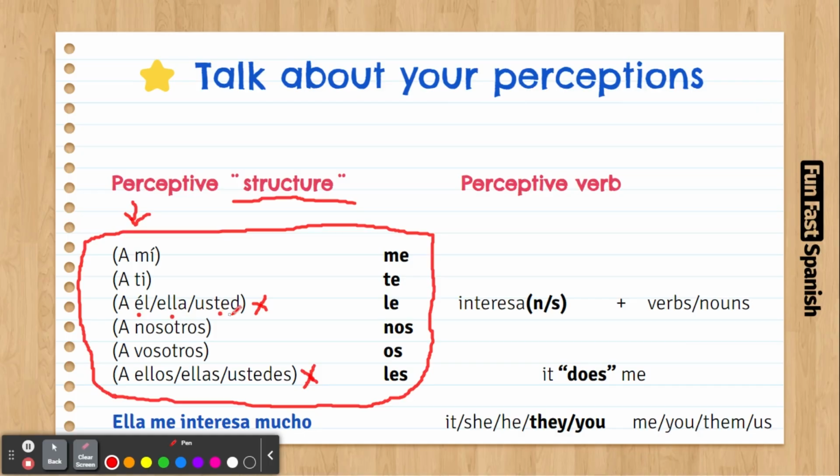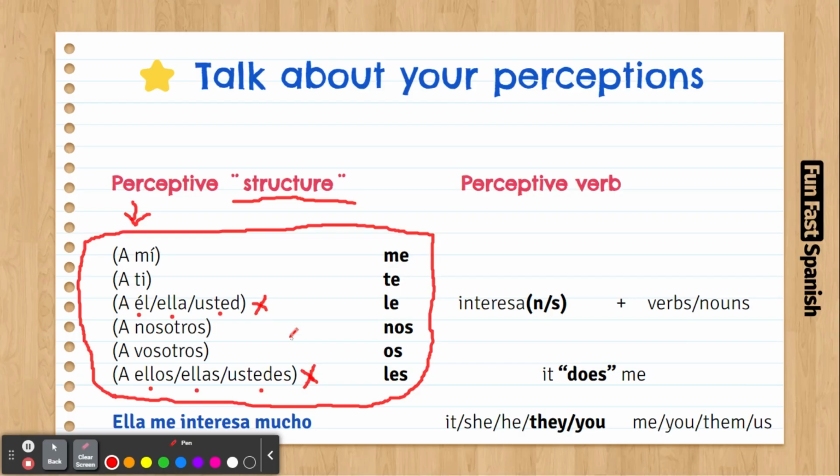So it's better to use them. Let's just always put it there, because if you don't say a él, a ella, or a usted, and you just say le without context, it could be a she, a he, or a you formal. So it's better to say it, for both the third person singular and plural.